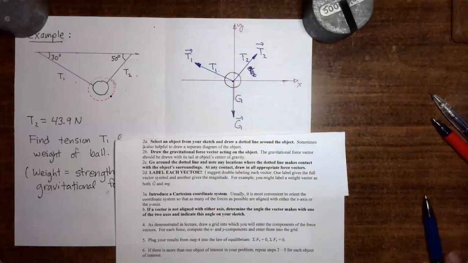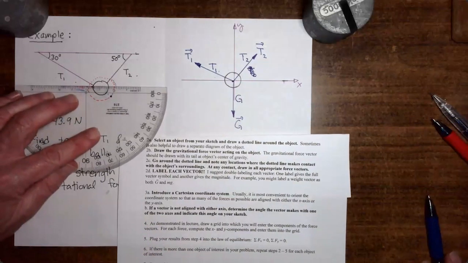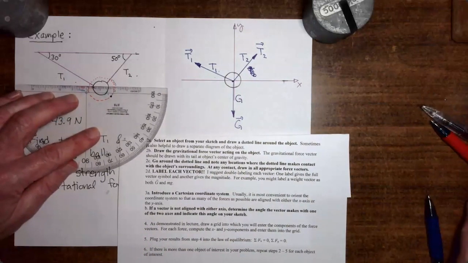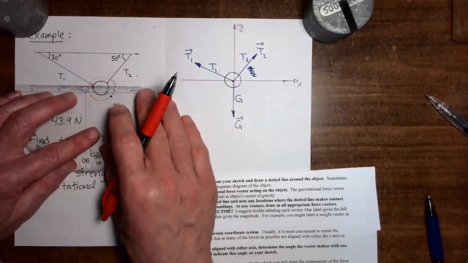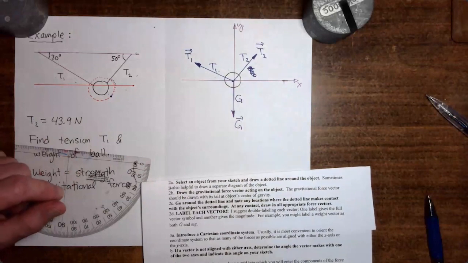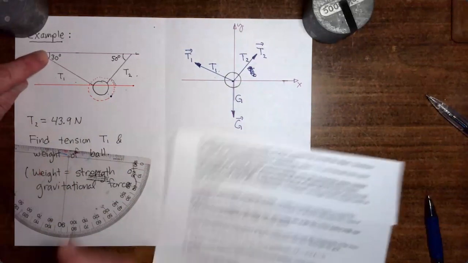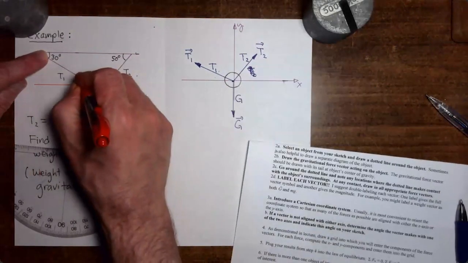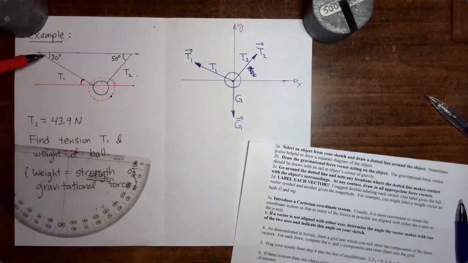And to do that, let's come back to the sketch. Let's look at the string here. And I'm going to come into the figure and draw a horizontal like so. Now up here, you see a 30-degree angle.